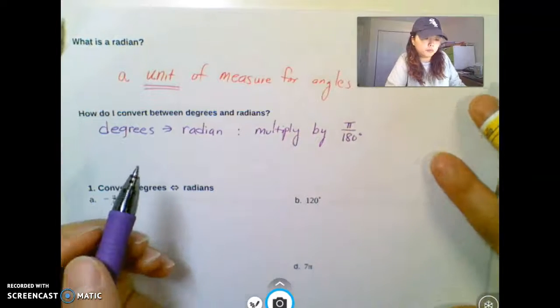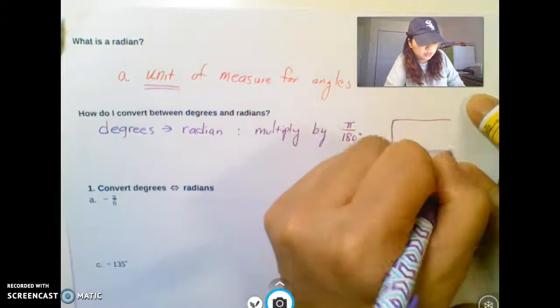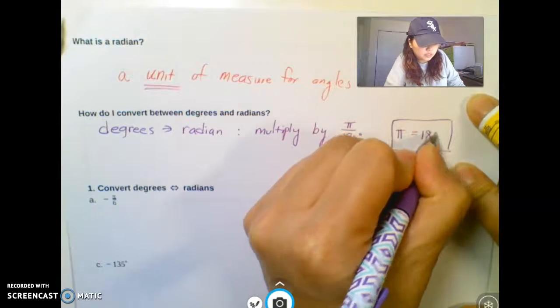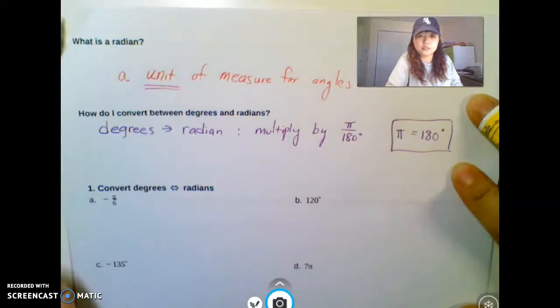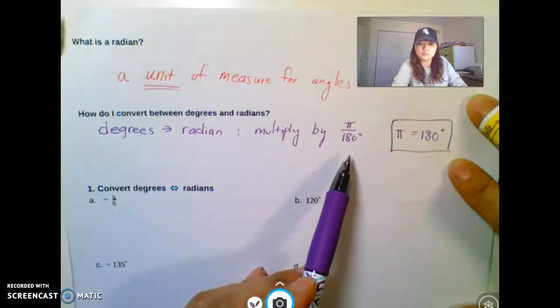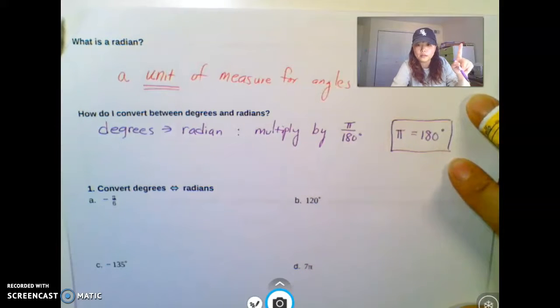Now, why pi over 180? Because a pi in radian is equal to 180 degrees in degrees. This is just always true. So when you say multiply by pi over 180, we're really multiplying by 1. So when you multiply by 1, obviously nothing happens. So that's what we're doing.